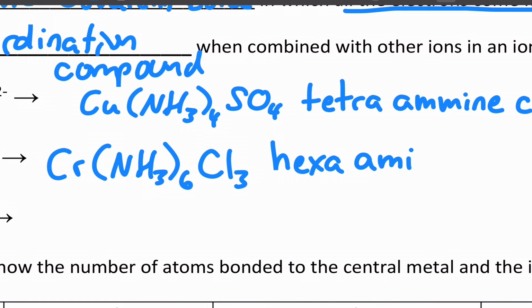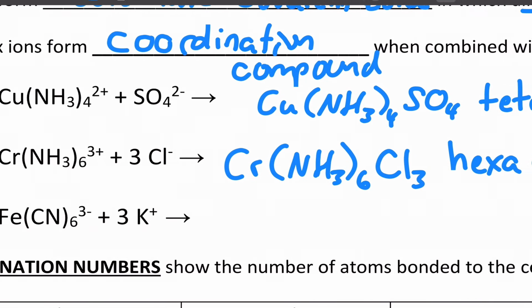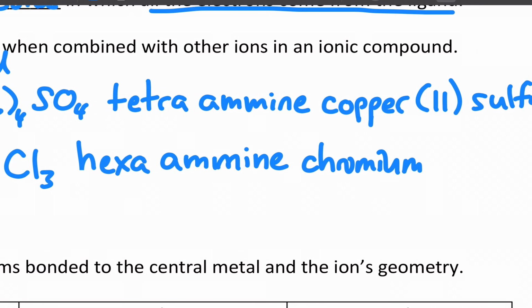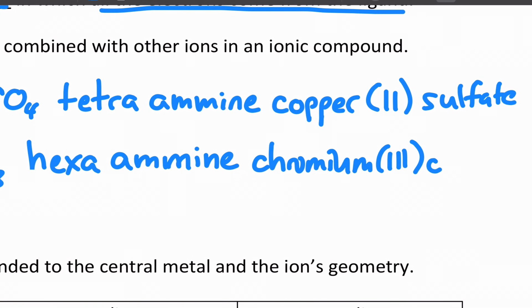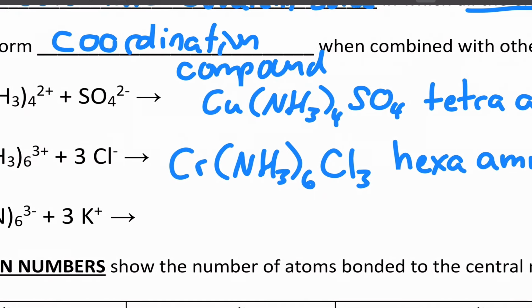Instead of tetra, it's 6 of them, so they use the prefix hexaamine. This is a chromium. The charge on the chromium is 3+, so I put a pair of Roman numerals as 3, and then the anion is chloride. So the naming sounds complicated, but it still is cation followed by anion. It's just a much more complicated cation.